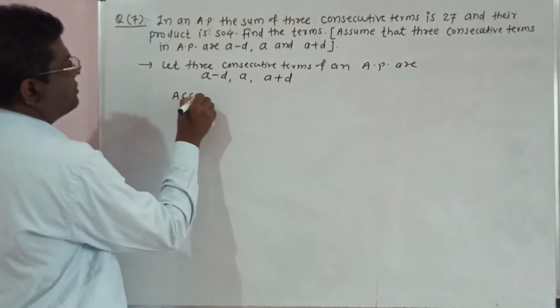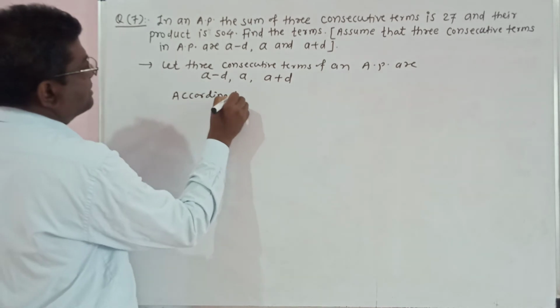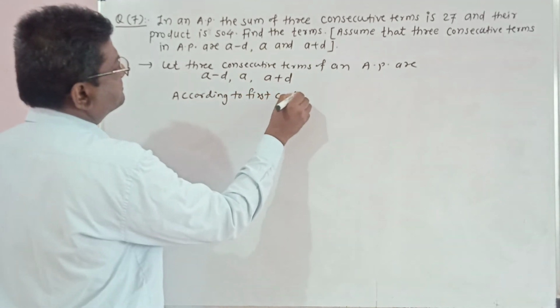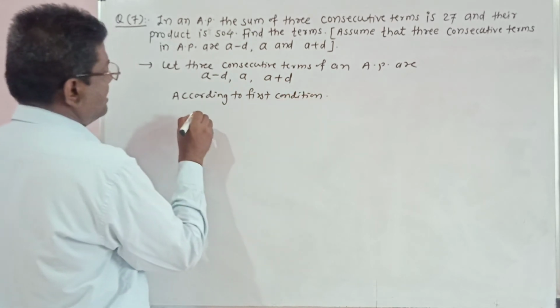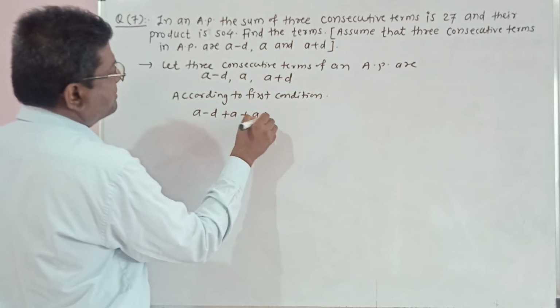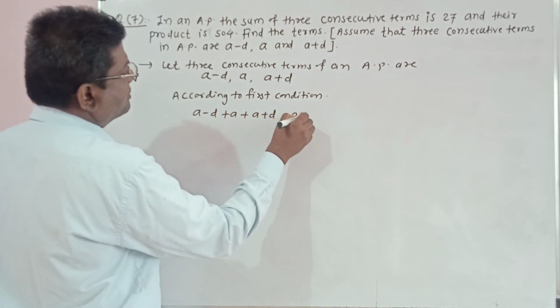Therefore, according to the first condition, A minus D plus A plus A plus D is equal to 27.